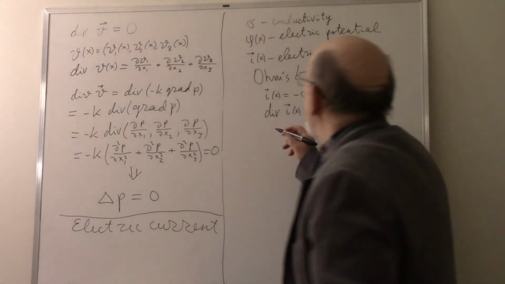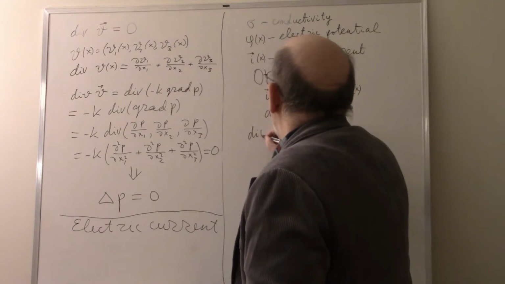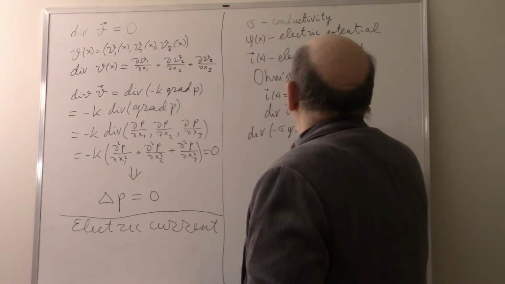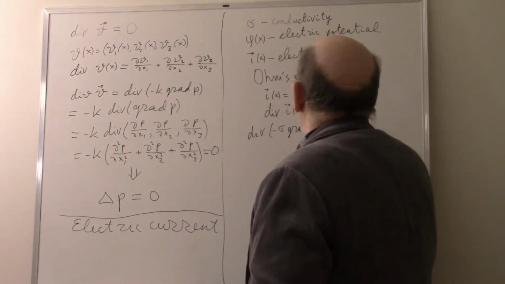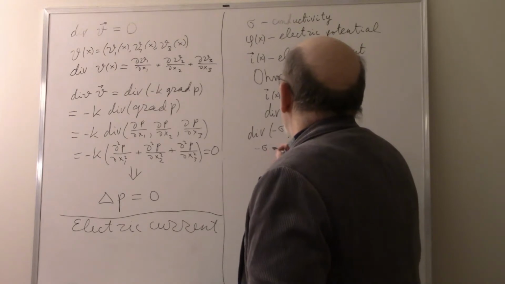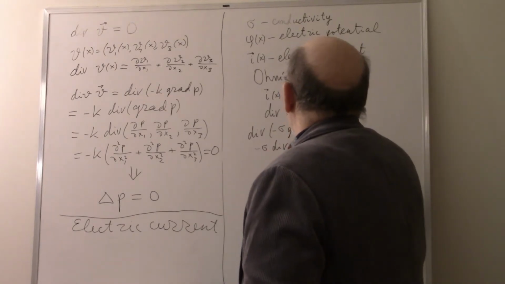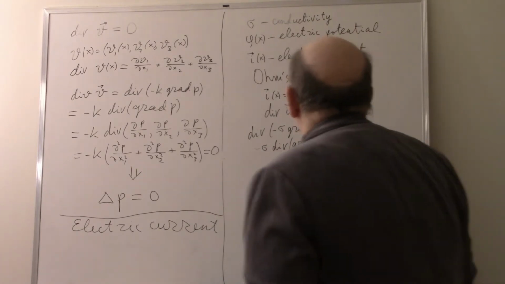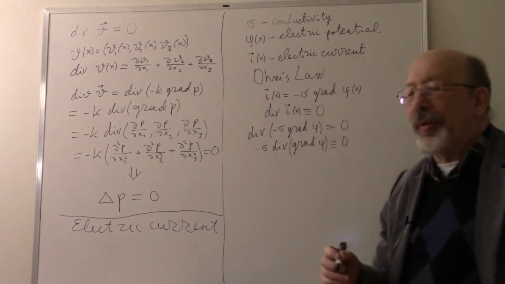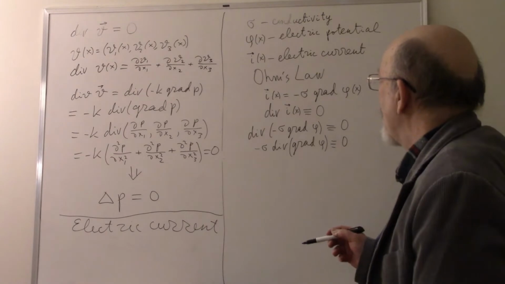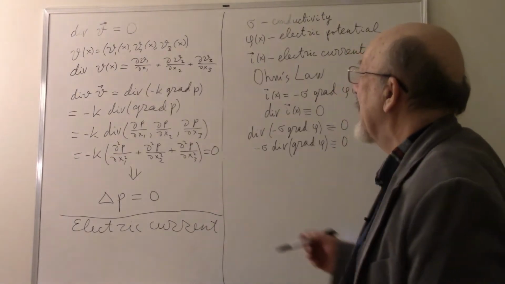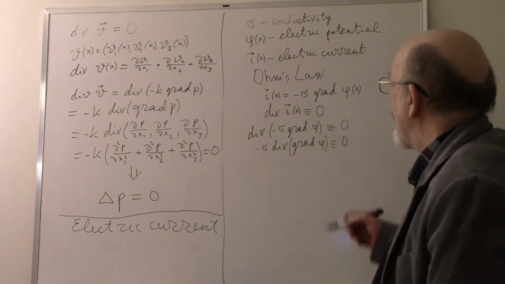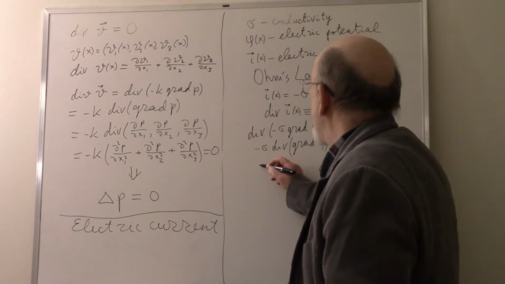And we have similarly divergence of minus sigma gradient phi equals 0. Minus sigma divergence of gradient phi equals 0. And divergence of gradient of any function, it can be potential, it can be pressure, it can be some function with some different physical meaning, is the same as Laplacian.